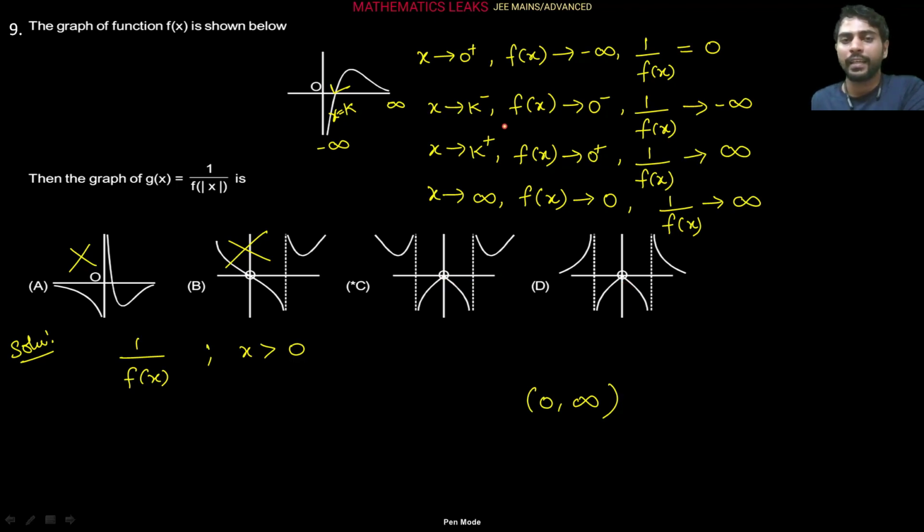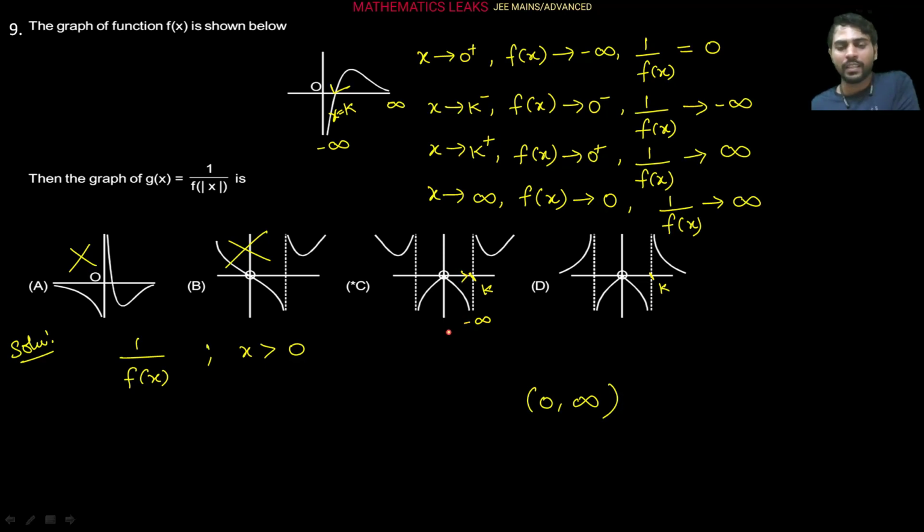Okay, next, when x is approaching k, the point where it intersects the x-axis, we are calling that point k. Approaching k from the left side, f of x will approach minus infinity, correct? So 1 upon f of x must approach minus infinity when it is approaching k from the left side.